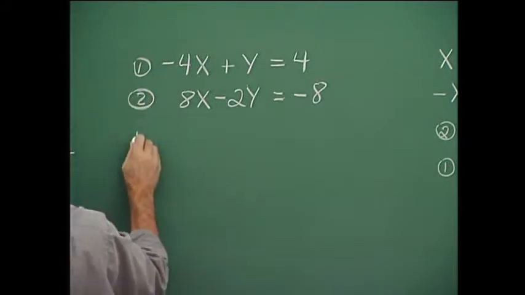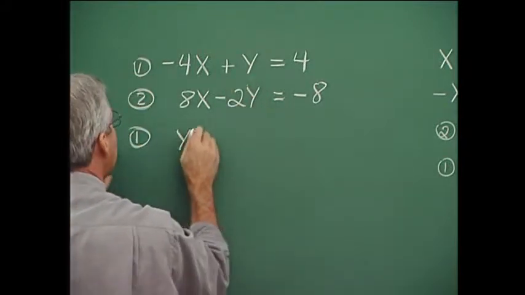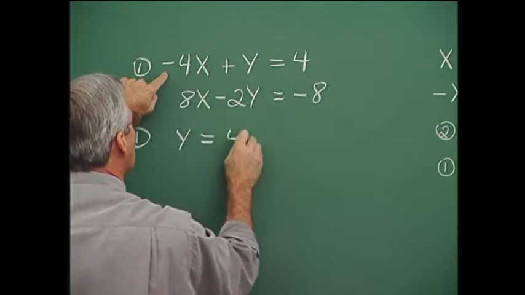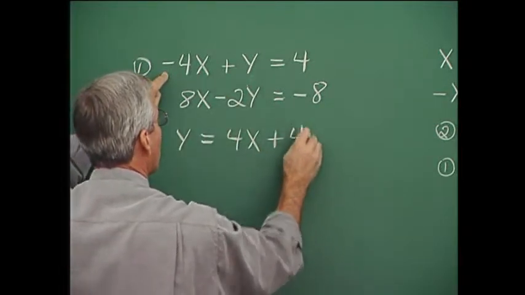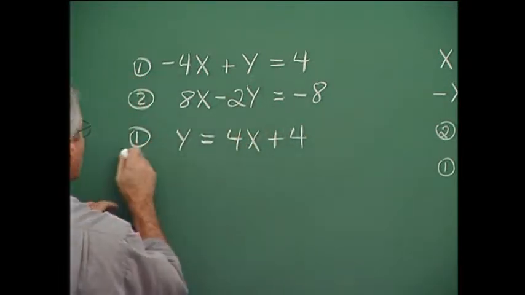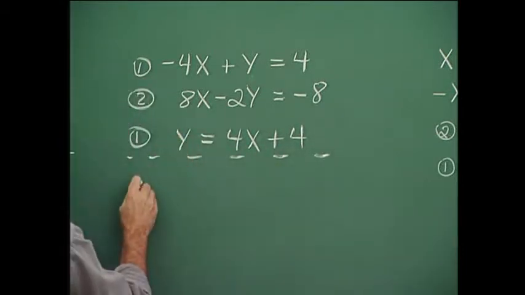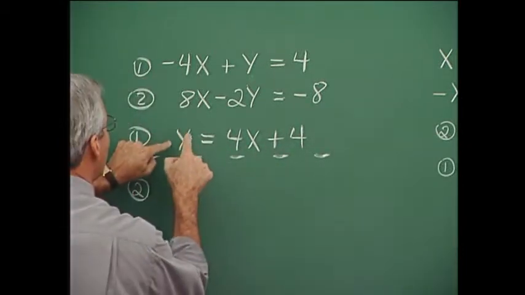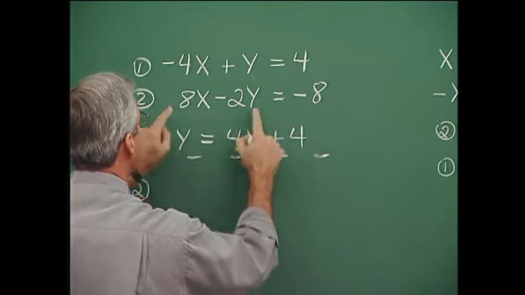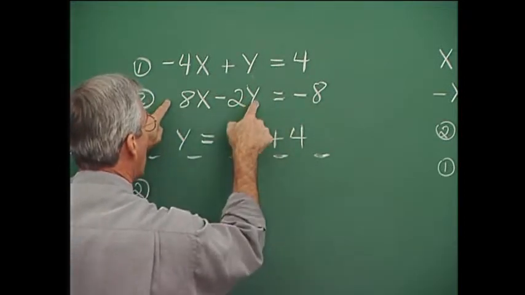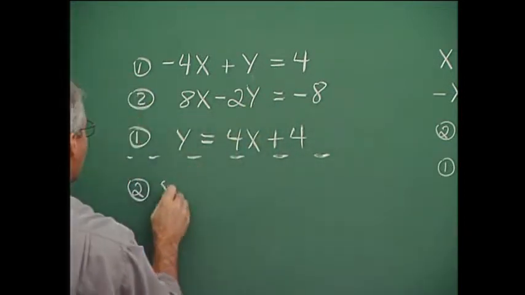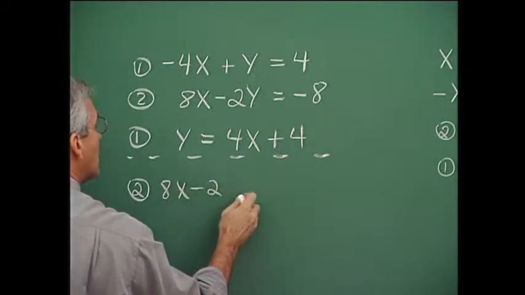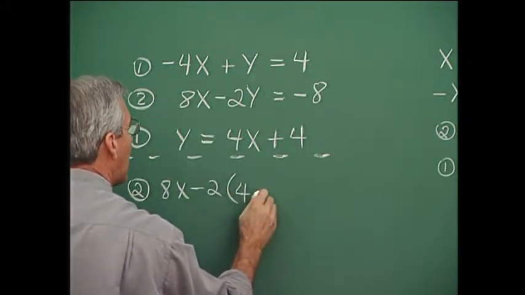So we go through, and in equation 1, y equals, let's see, add 4x on both sides, so we have 4x plus 4. And now this information goes into equation 2. So in equation 2, we are replacing y with that expression. So here we're replacing this y with that expression. So we have 8x minus 2 times the expression for y.